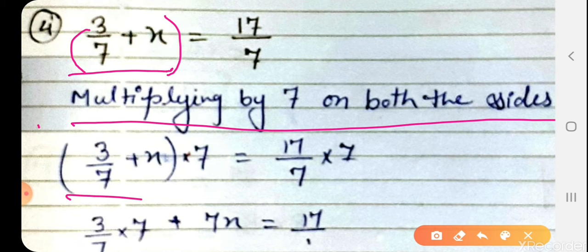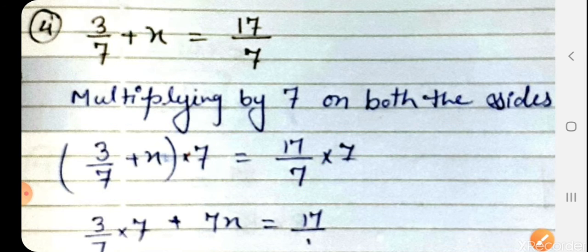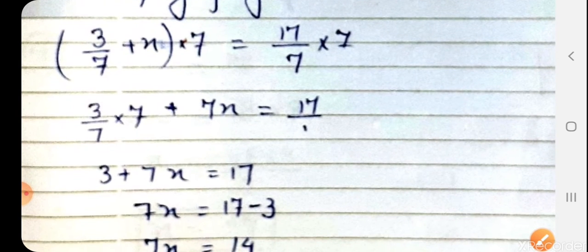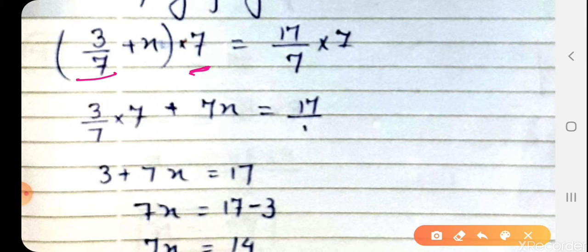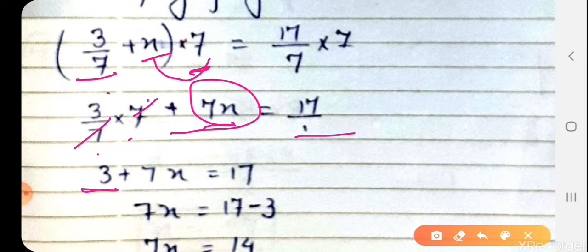We multiply 7 with the whole expression, and 17 upon 7 into 7. The 7s cancel. Now this 7 multiplies 3 upon 7 and also x. So 3 upon 7 into 7 plus 7 into x, that is 7x. The 7s cancel, 3 is left only, and here 17 is left.